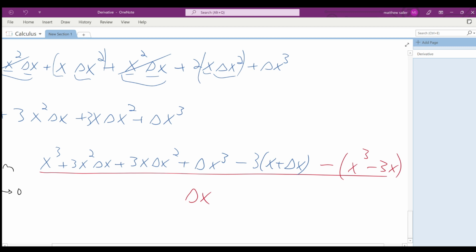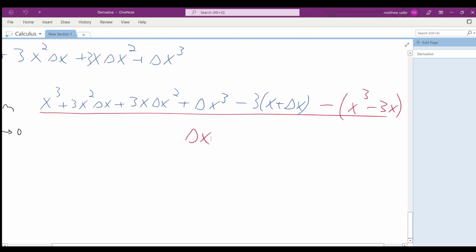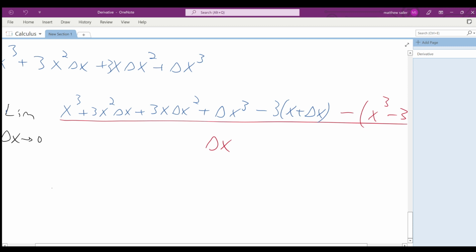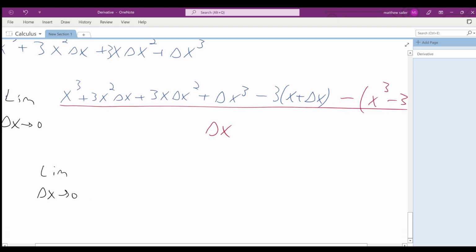Alright, we can simplify it just a little bit further, and then things will start to cancel. So I'm going to rewrite this down below. So the limit as delta x approaches 0 of x cubed plus 3x squared delta x plus 3x delta x squared plus delta x cubed minus 3x.